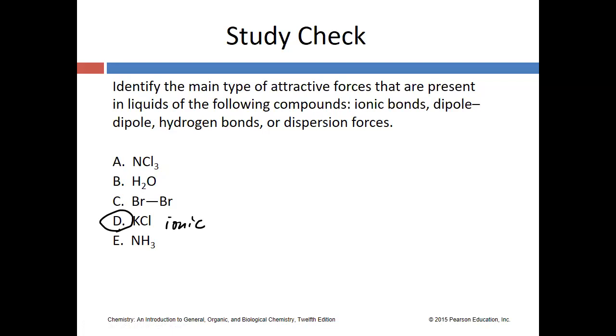So I'm looking generally for, do I have a bond where I've got the same atom on both sides? Or do I have at least two atoms that are really close to each other on the periodic table? I still probably need to pull out the electronegativity values, but I can at least evaluate it that way. Bromine to bromine, that is a nonpolar bond, a nonpolar molecule. This is going to be dispersion.